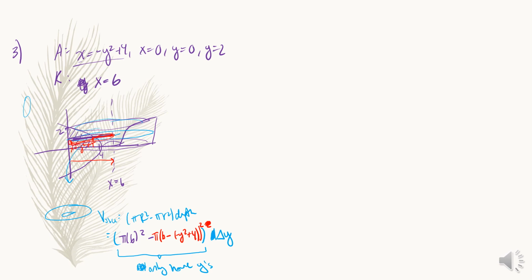This distance that I put the little block around, that's my curve. So to figure out the distance that's circled, I'm going to do 6 minus that curve. So my integral is going to be 36 pi minus pi times 6 minus negative y squared plus 4, and that's going to be squared, and then my dy at the end.